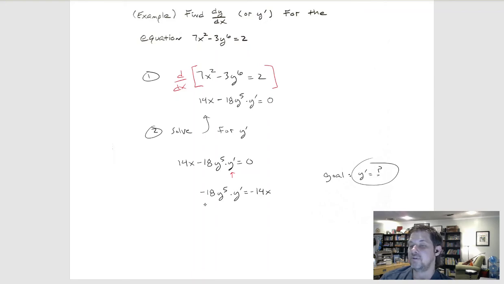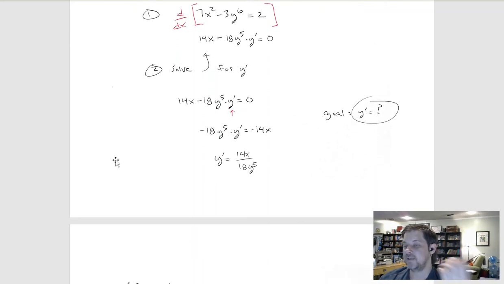So I would just have to divide both sides by 18 y to the 5th, okay? So here would be my answer. Well, I'm going to get a negative divided by negative, so I'm going to put 14x over 18 y to the 5th. And then that would be it. I've solved for y prime, and for the most part, I have my answer.